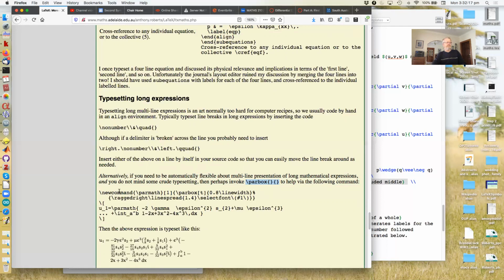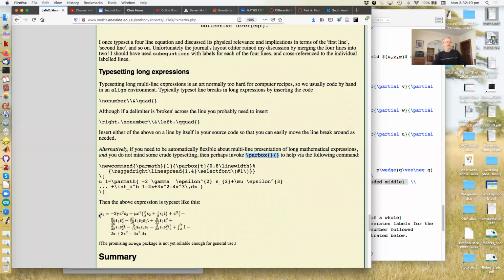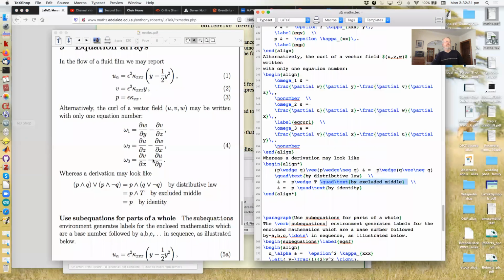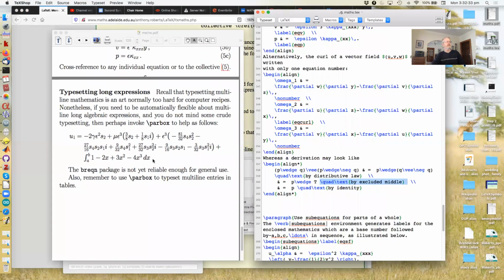And you can get expressions that look like this one here. U1 is equal to some long expression, and it's automatically line broken. In the maths, it's got different line breaks.